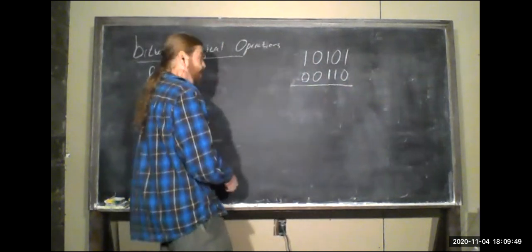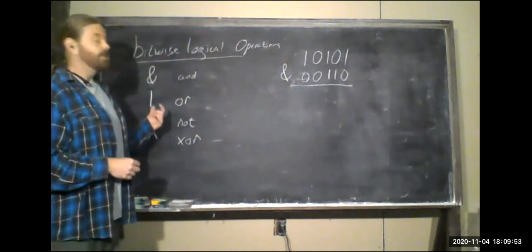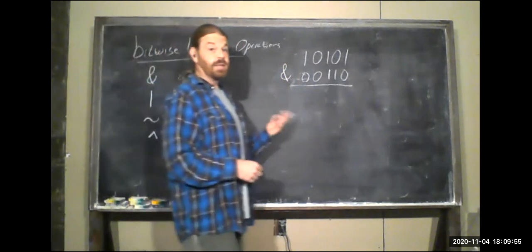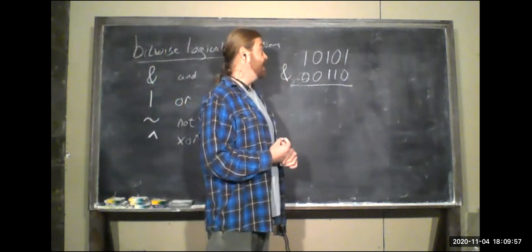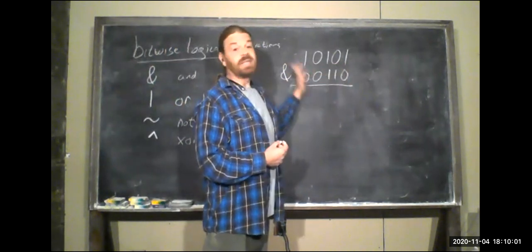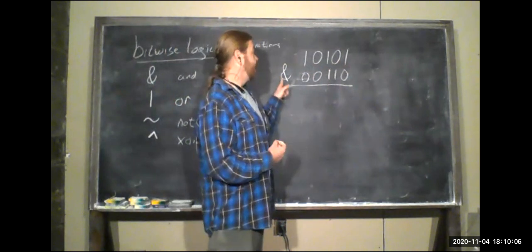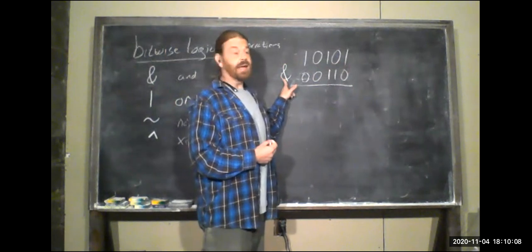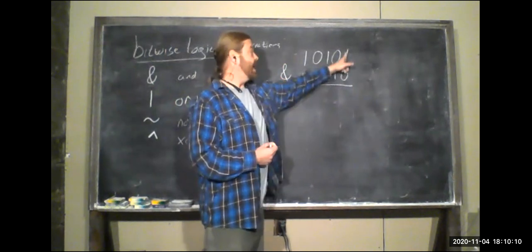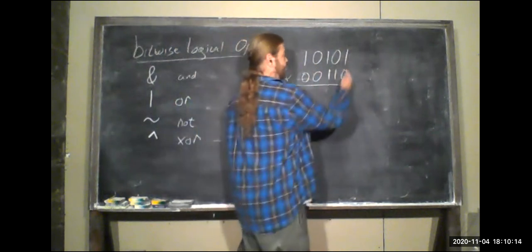But when we do our bitwise operation, instead of returning one single bit, like we see with our basic logical operators, it'll return the same number of bits we put in. So here we have 5 bits going in. So with the bitwise and, our result is the and on each one of these columns, and we'll get 5 bits back.